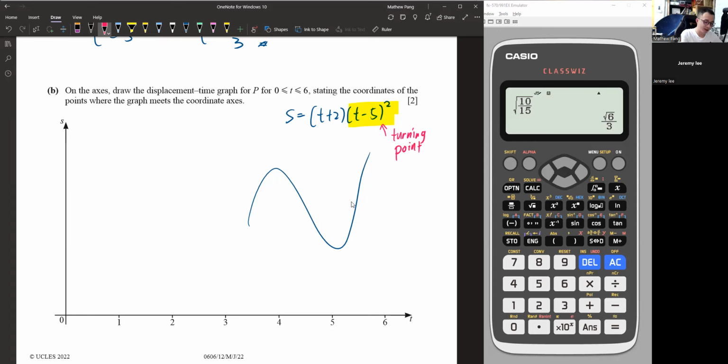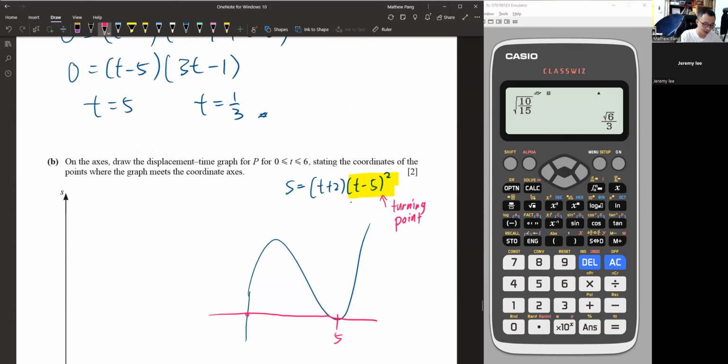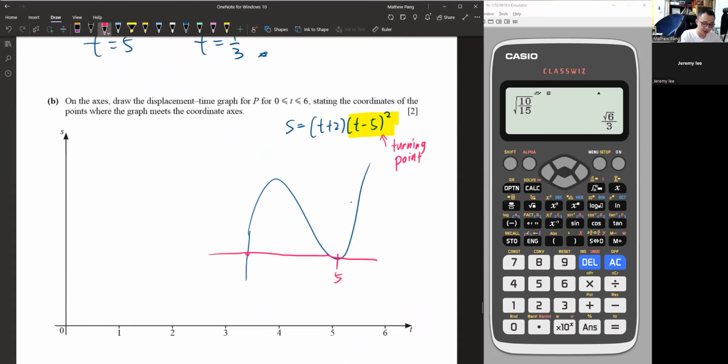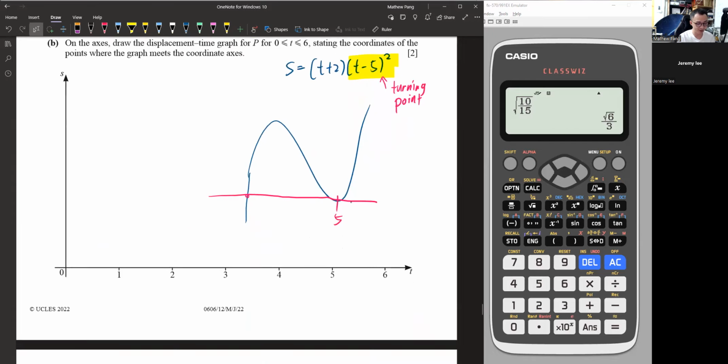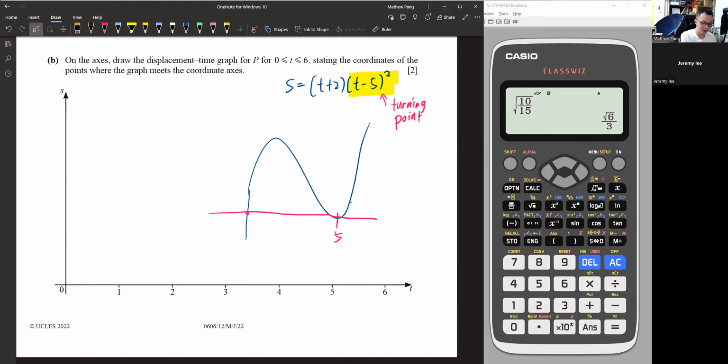So before I draw, one of the points, 5, will be the turning point. The other one can't be negative 2, because time cannot be negative. So you only have this part.